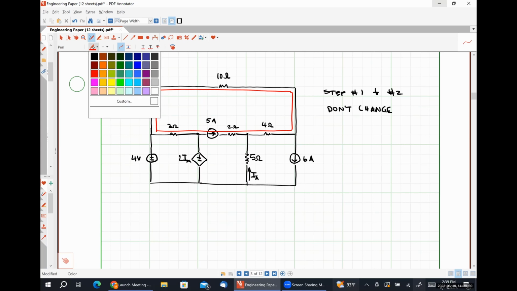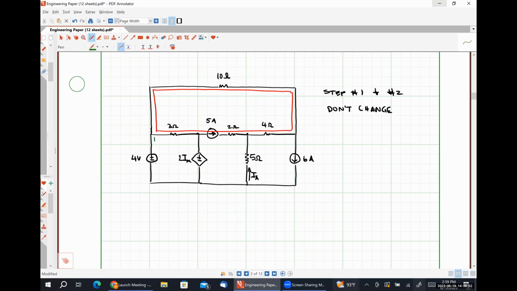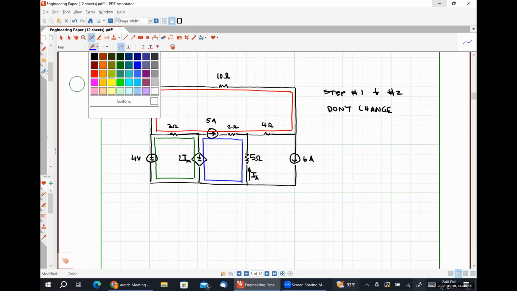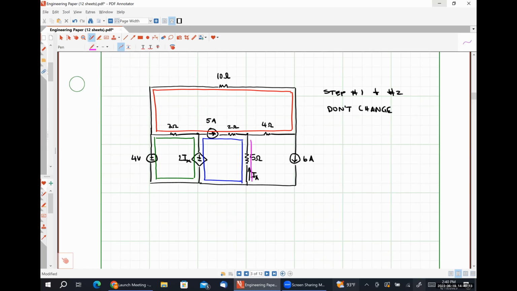So that's one mesh. Another mesh. Another mesh. And let's do pink. 4th mesh.